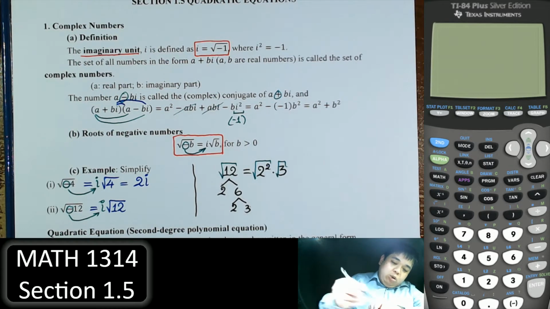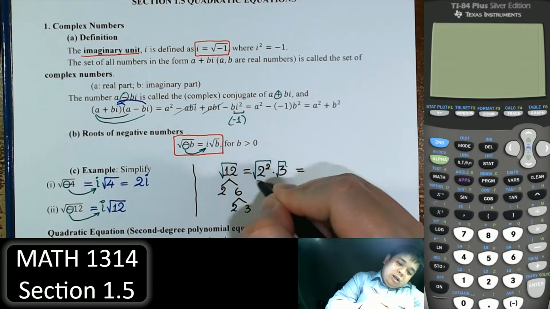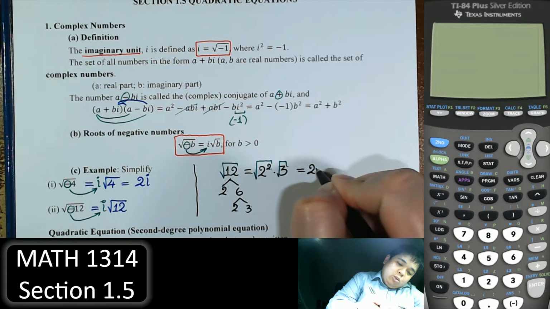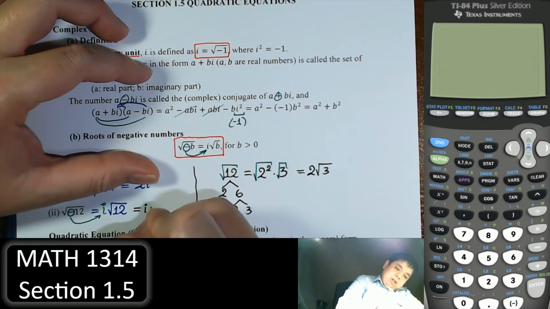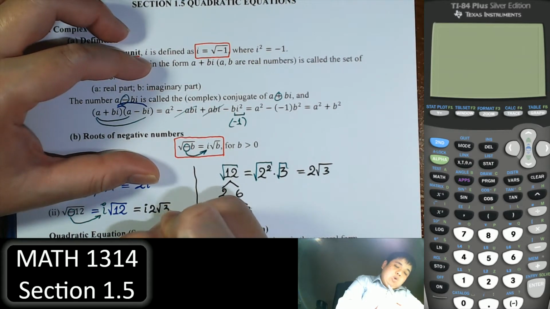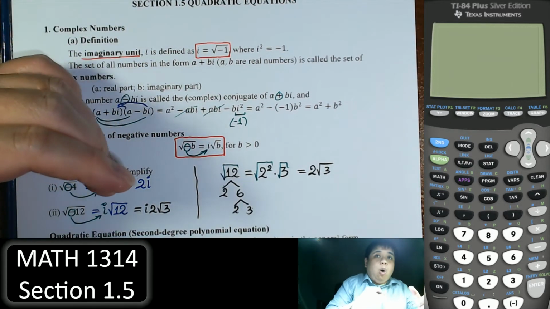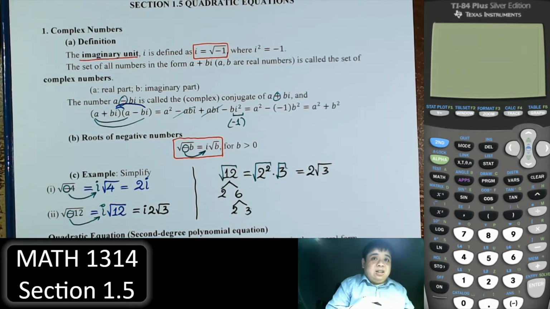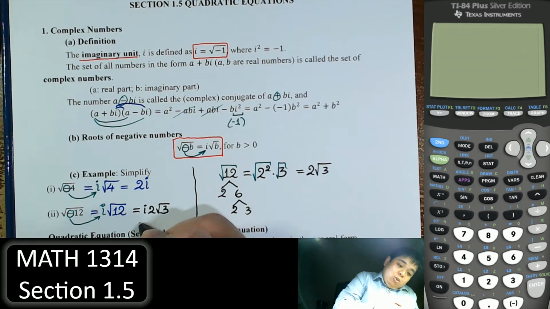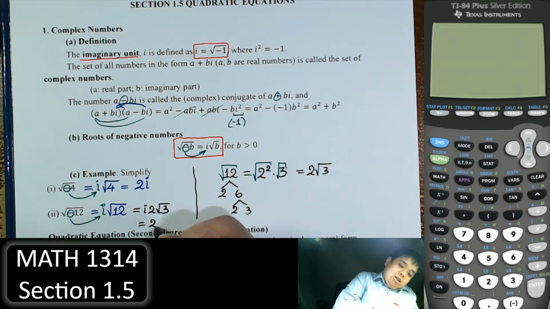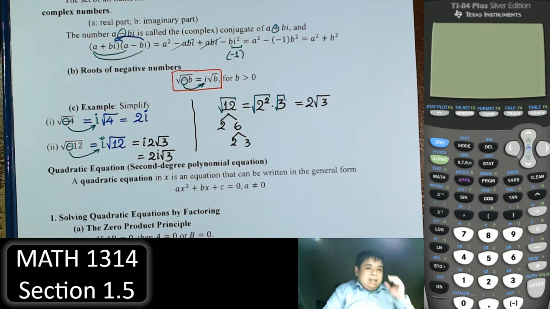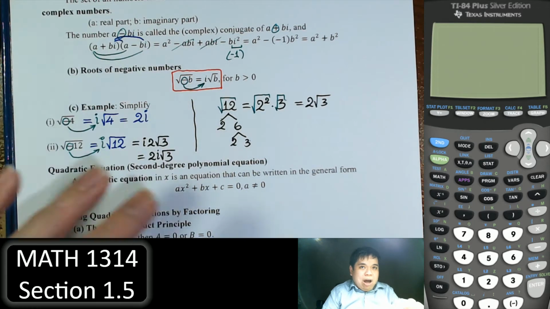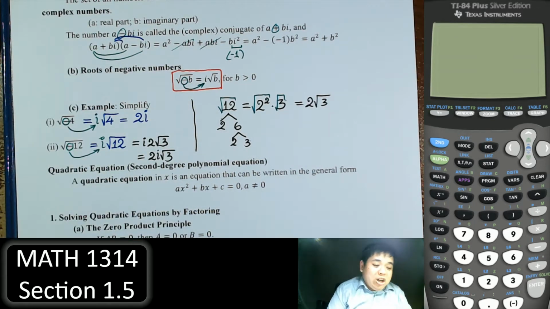So the square root of 12 is 2 square root of 3, and we end up with i times 2 square root of 3. But usually we write numbers first, then letters, so we put 2i square root of 3. Usually we put it in that order. Like I said, we only need to know that part, so that helps us with the calculation later.